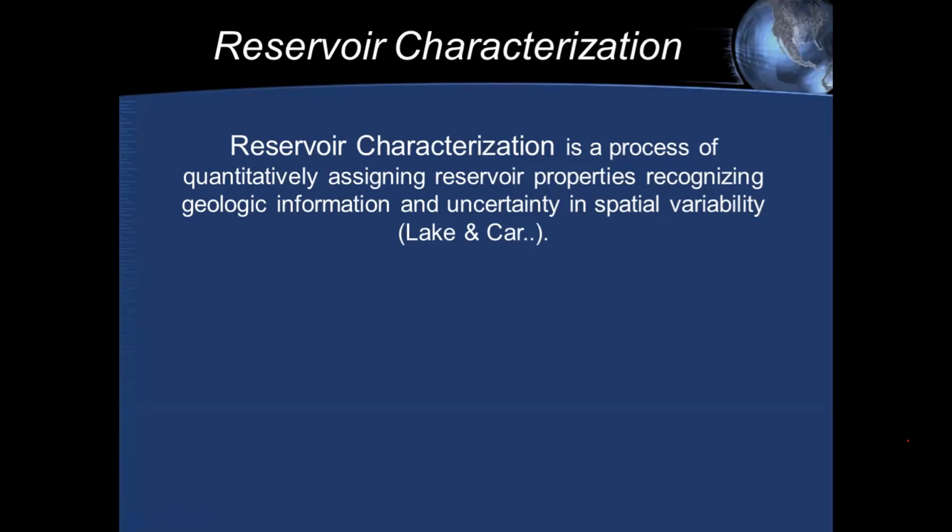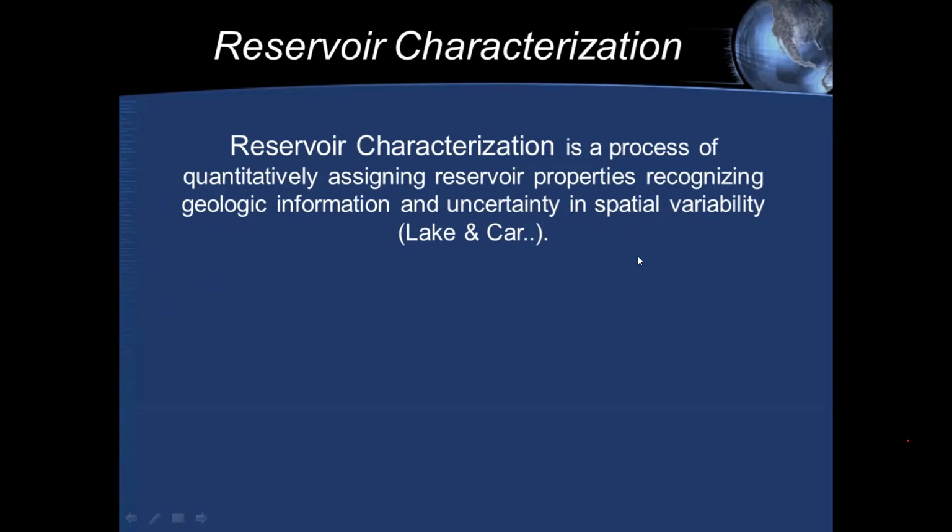And reservoir characterization is defined as the process of quantitatively assigning reservoir properties, recognizing the geological information and uncertainty in spatial variability. What is spatial variability? That's the question, okay? So he's saying geological information, uncertainty of it, plus the spatial variability.